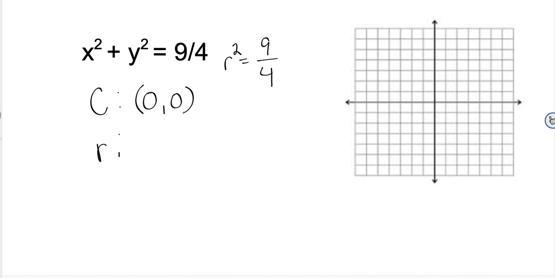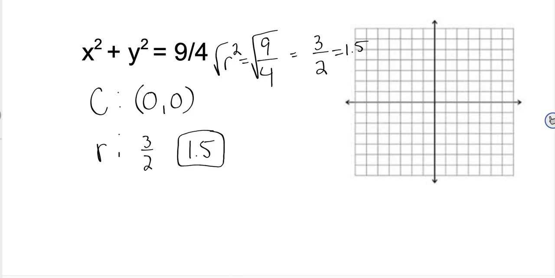To get my radius, we're going to have to square root that. The square root of 9/4 is 3/2, or 1.5. Either one's fine. For the purpose of graphing, 1.5 is probably a little bit easier to do.